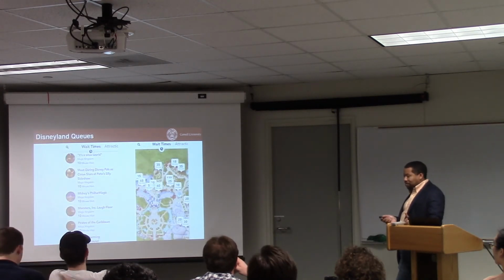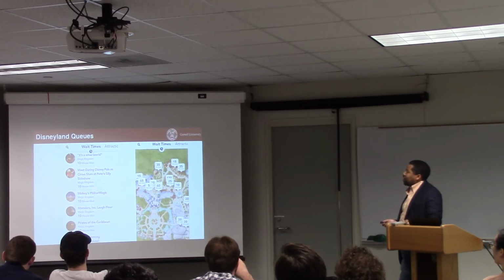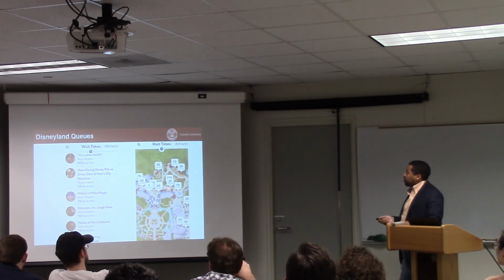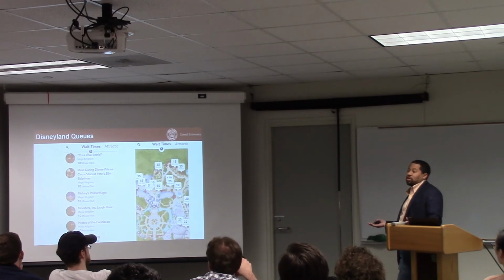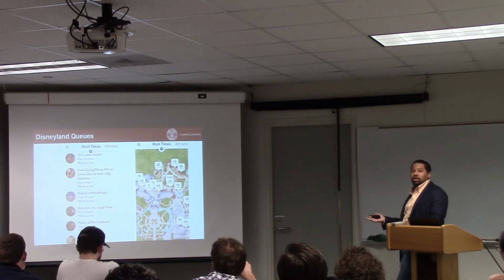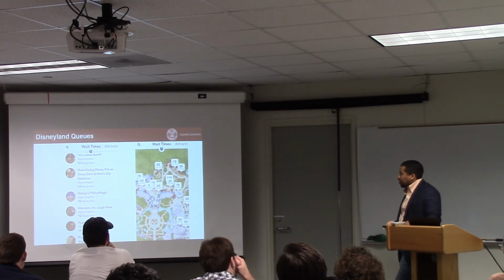We've scraped some data from Disney, where they give out apps, or you can use your cell phone, to see where all the rides are and the time you're going to have to wait to get on each ride. People use the app to figure out, well, maybe I don't go to that ride because it's going to take too long. This is analogous to using your choice model.